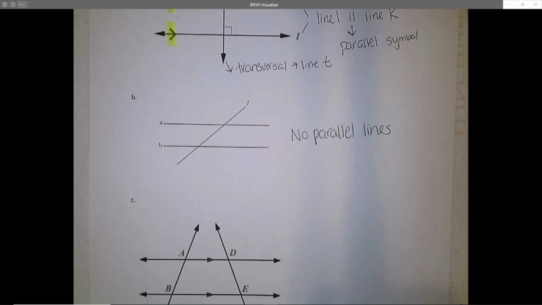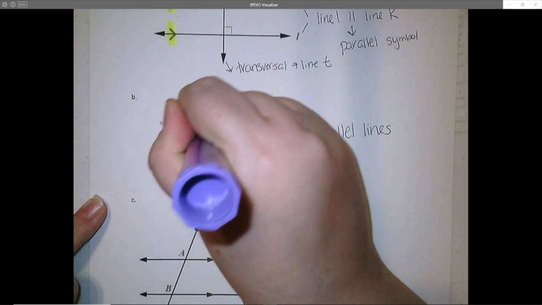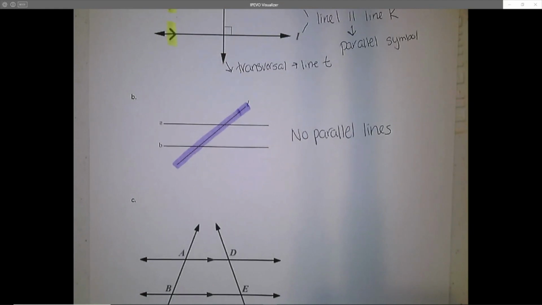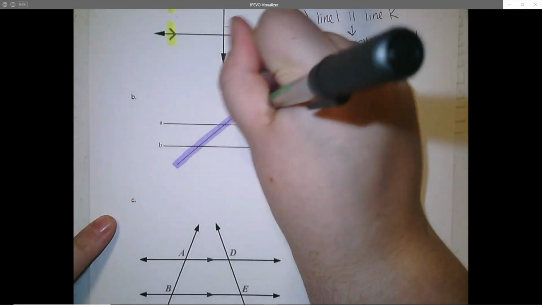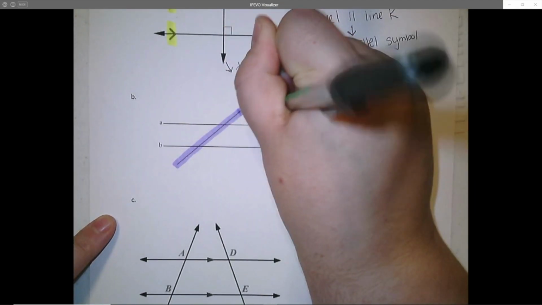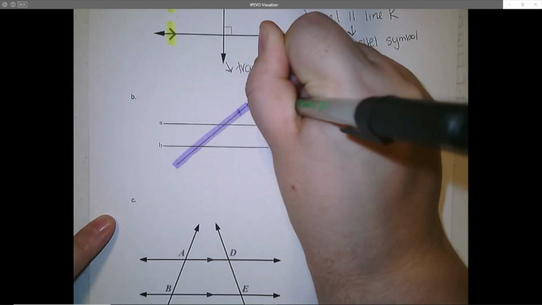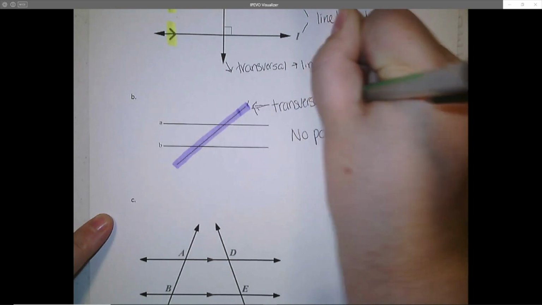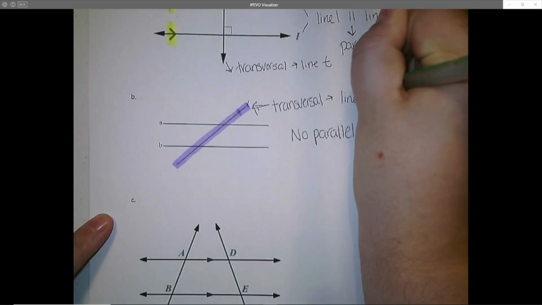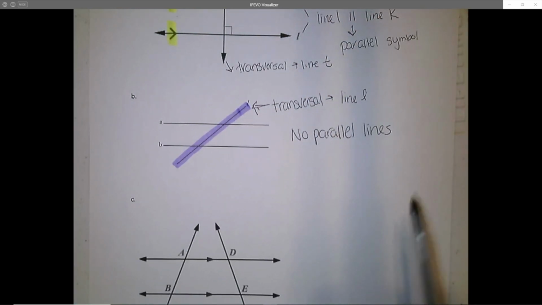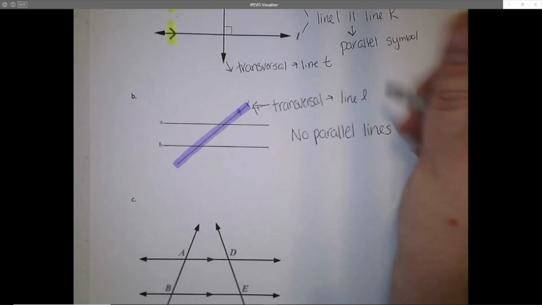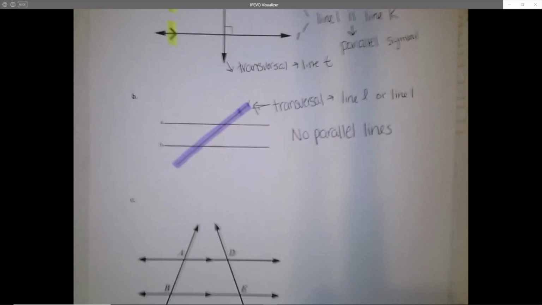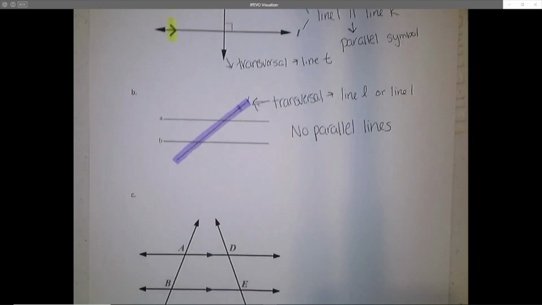Notice this line, and it's line L, if I trace over it in purple, it crosses over both A and B. So this line L is a transversal. You do not have to have parallel lines to have a transversal. Transversal is line L. When we do the script L, it sometimes looks a little fancy, or you can just write it line L and it looks like a straight line.